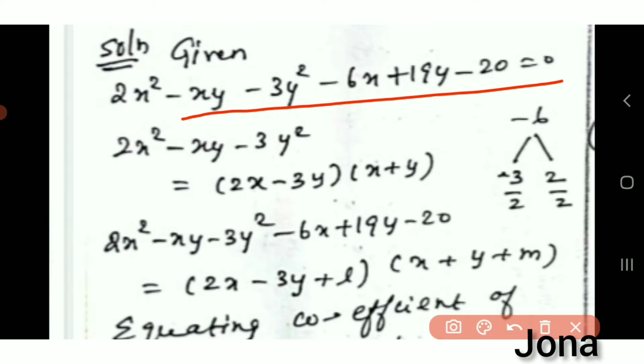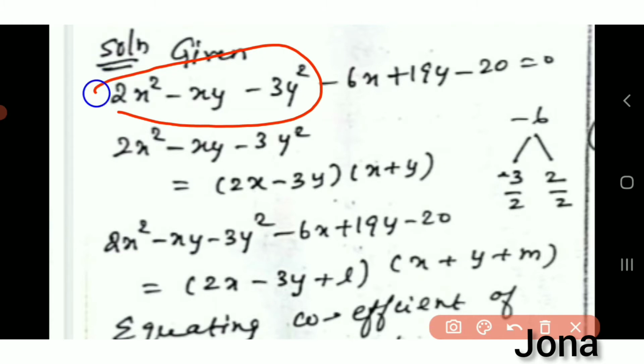We want to write this equation as a product of two factors. So I take the first three terms of this equation, that means 2x² − xy − 3y², and I want to factorize this.